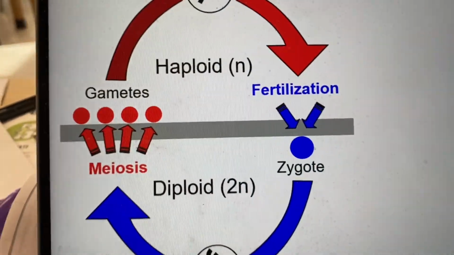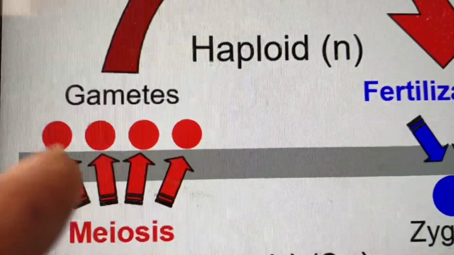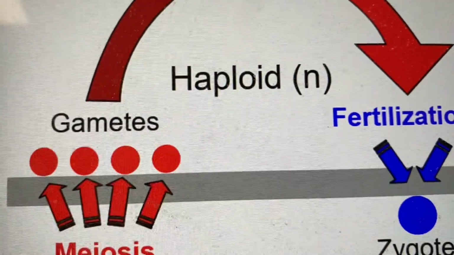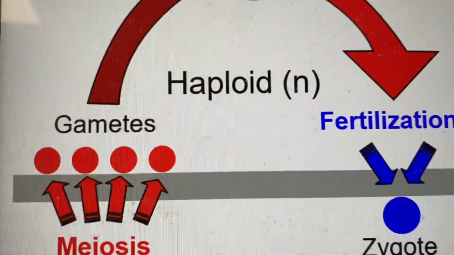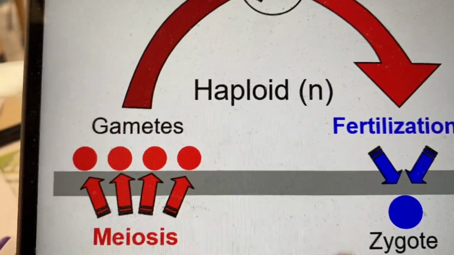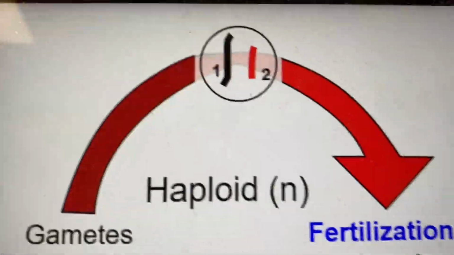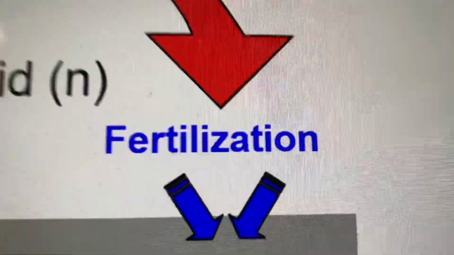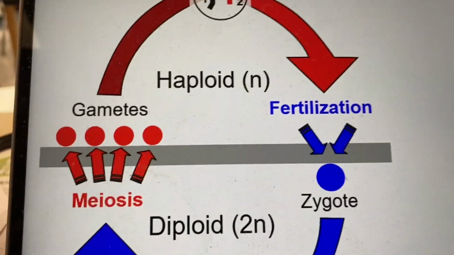Topic of gametes to you yesterday in class. Gametes are those haploid, half cells, right? Made for sexual reproduction in order to basically take two half cells and combine them to make one new whole cell. When two gametes come together to make a new whole cell, we call that fertilization, right?